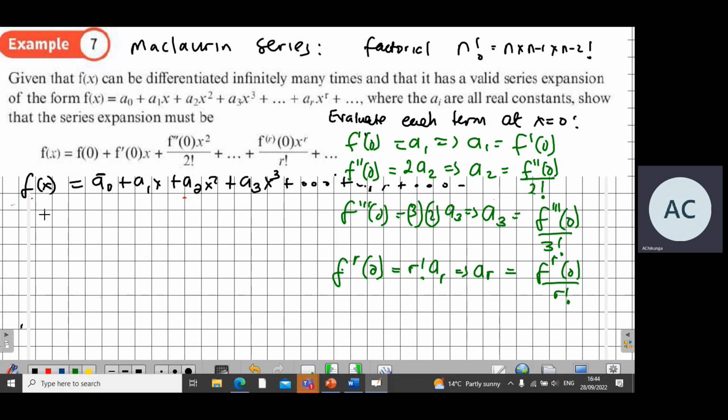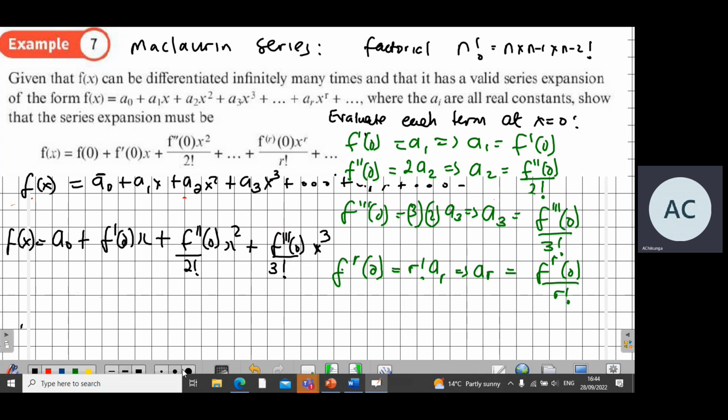So as you can see with this, we can move in now to substitute in our polynomial where there is a naught, we will leave as a naught. Where there is a1, we will write f prime of 0, then x. Where there is a2, we will replace a2 with f double prime of 0 over 2 factorial x squared. Where there is a3, we will replace with f triple prime of 0 over 3 factorial of x cubed.